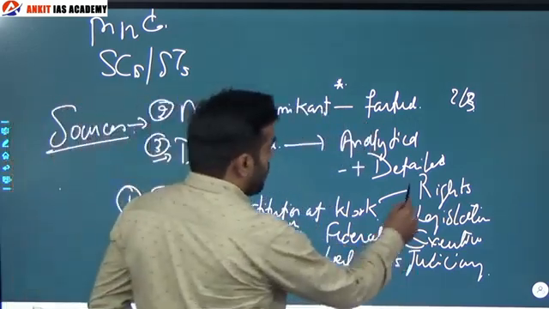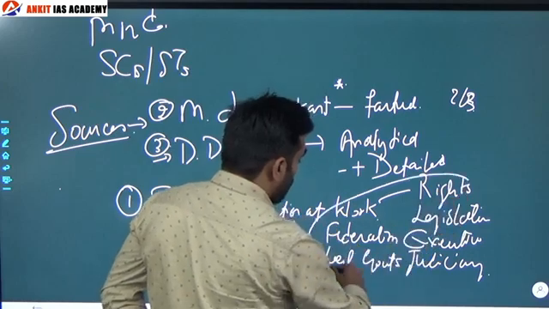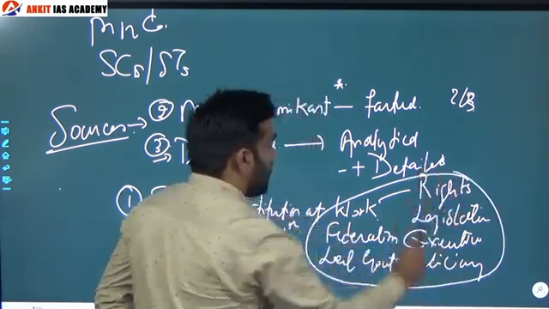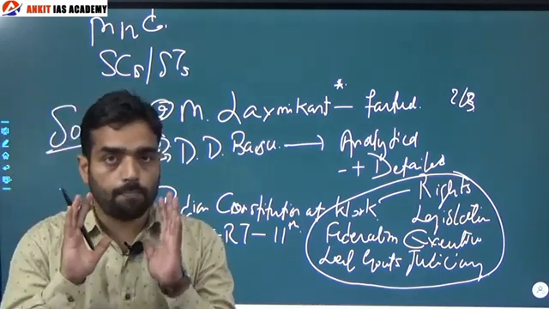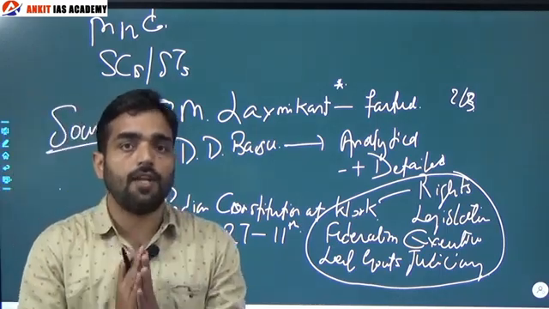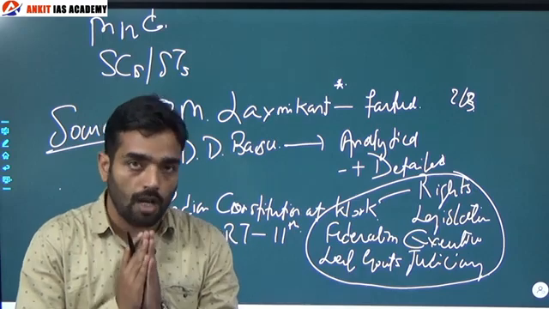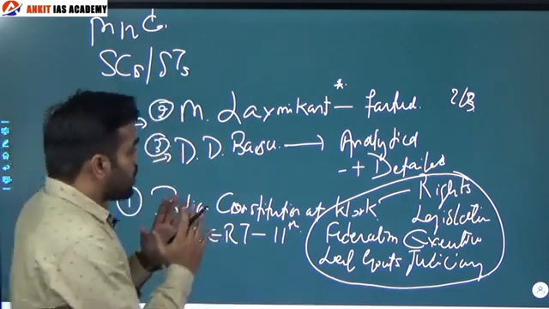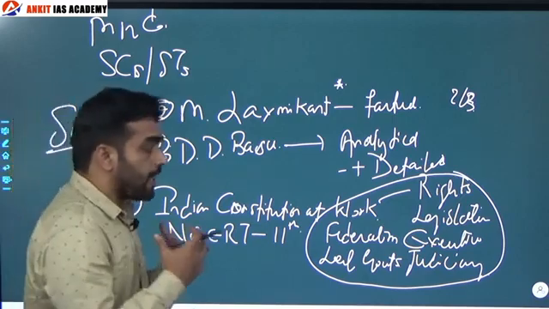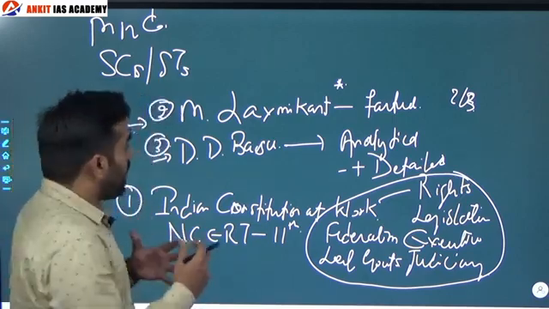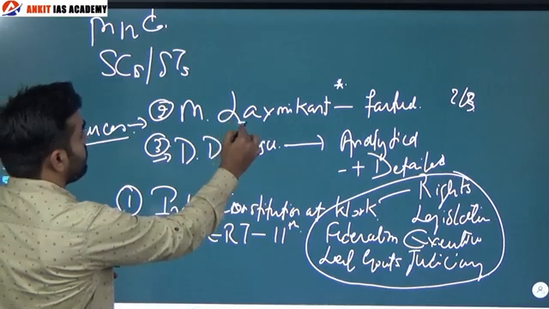So these are the major parts that you will cover in this NCERT. Once you go through this NCERT, you will have a preliminary and very good understanding of the Indian Constitution and what Indian polity is all about. So once you have exposed yourself to the legal and political aspects of India, then you can go with M. Lakshmikant.